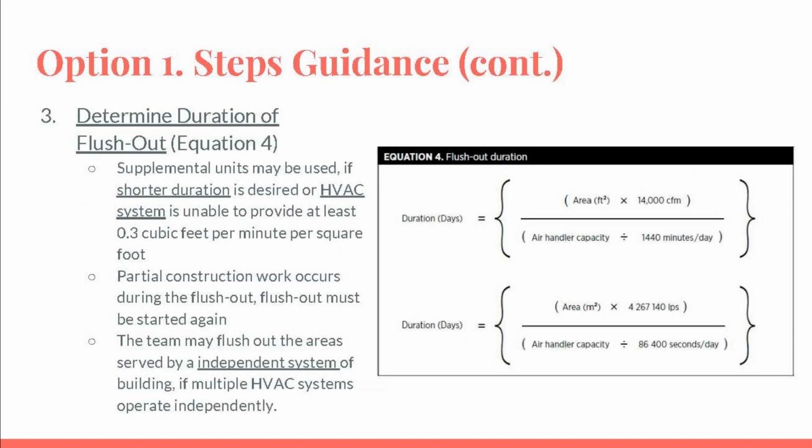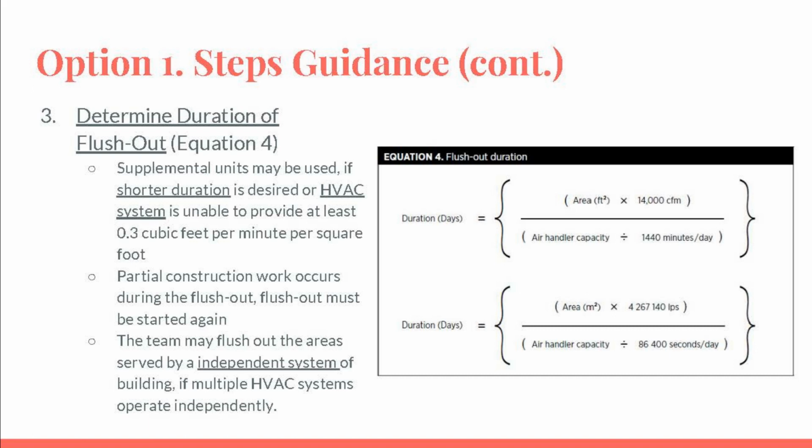For step 3, determine duration of flush out. Please refer to equation 4, flush out duration. Use area times 14,000 cubic feet per minute divided by air handler capacity divided by 1440 minutes per day. Then you will get the duration for the flush out.